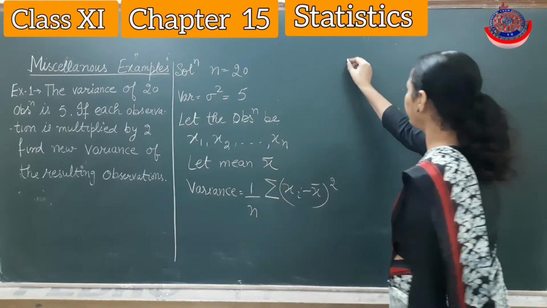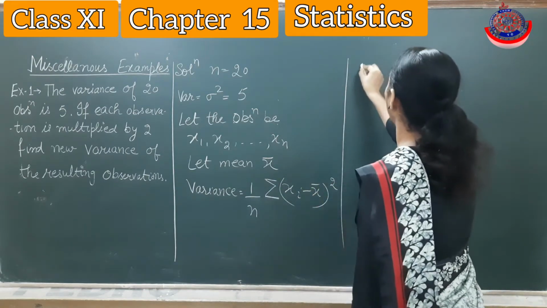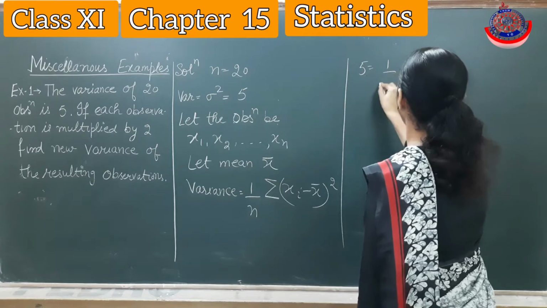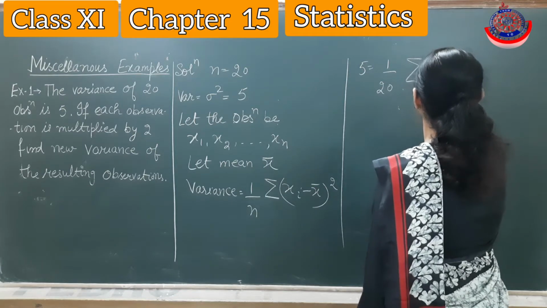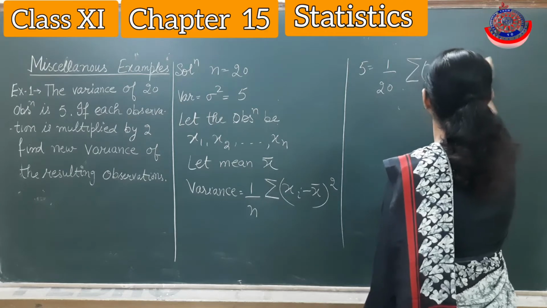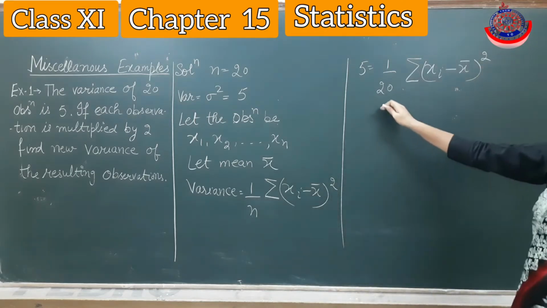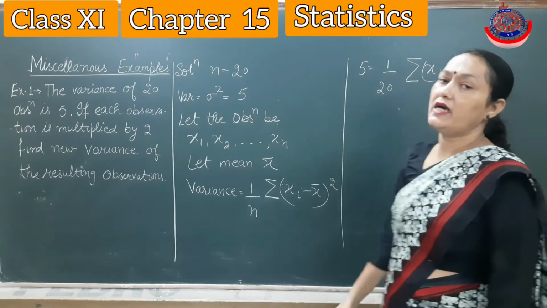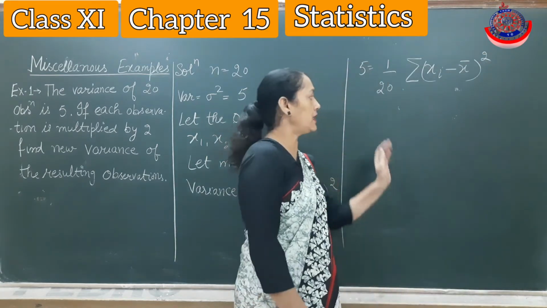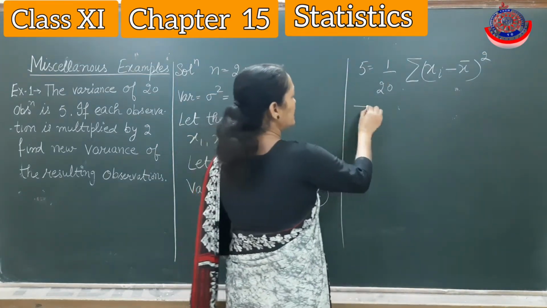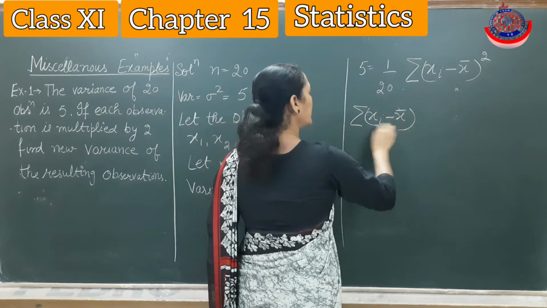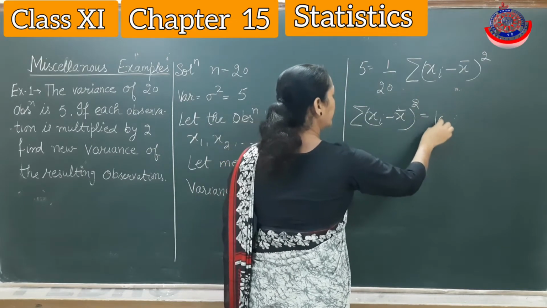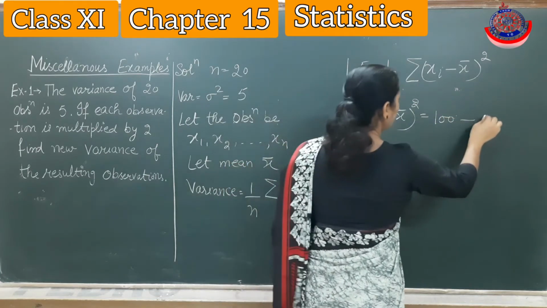So we will have 5 is equal to 1 upon 20 sigma xi minus x bar whole square. Now we shift this 20 to this side, we get 100. That means sigma xi minus x bar whole square is equal to 100. That will be the first equation.